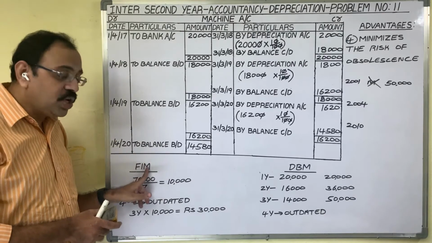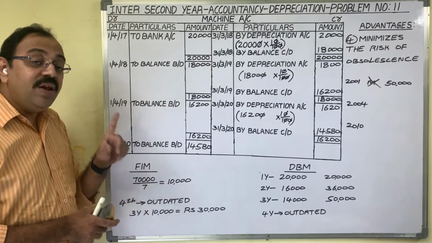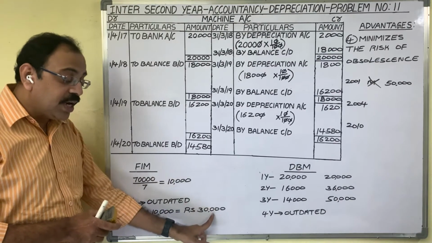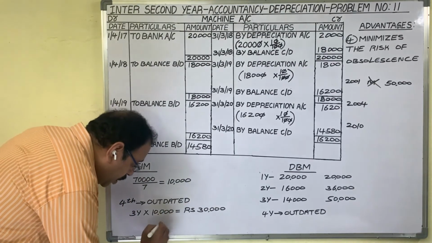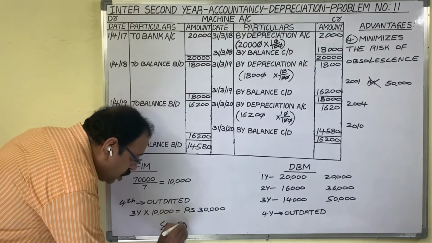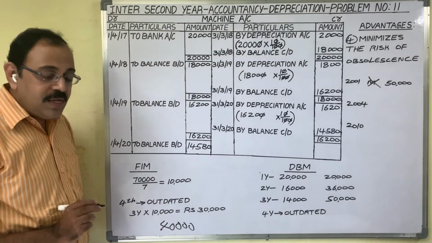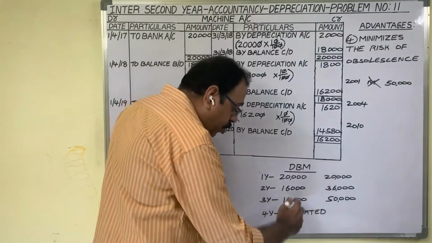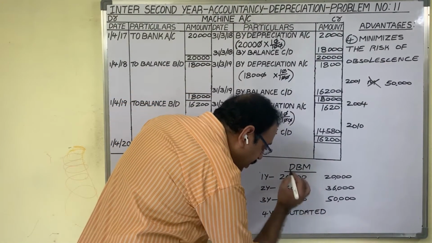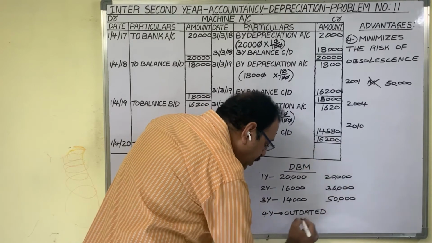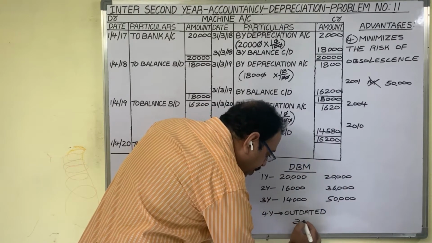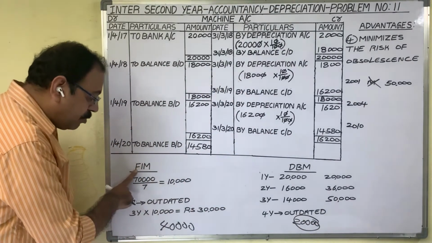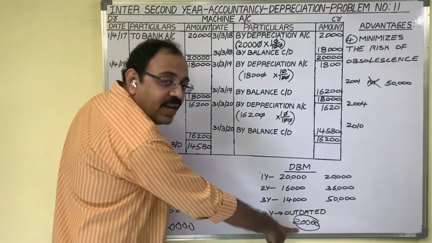In the fixed installment method, the unwritten portion, that is 70,000 minus 30,000, 40,000, is lost to the company. Whereas in the case of the diminishing balance method, the unwritten portion is the cost of the asset 70,000 minus 50,000, 20,000. So compared to the fixed installment method, the loss is less.